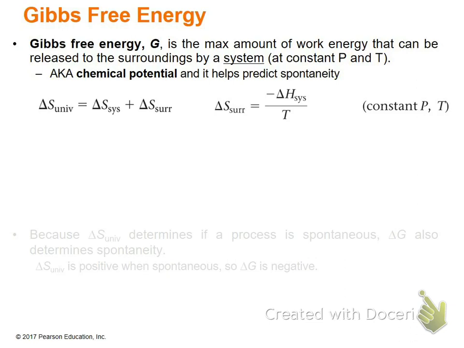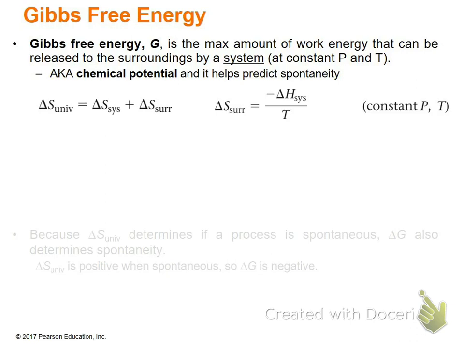Gibbs free energy is also known as the chemical potential, and it also helps us predict spontaneity, similar to delta S universe. For delta S universe, being positive gives you a spontaneous reaction. If delta S universe was negative, then that would be a non-spontaneous process.